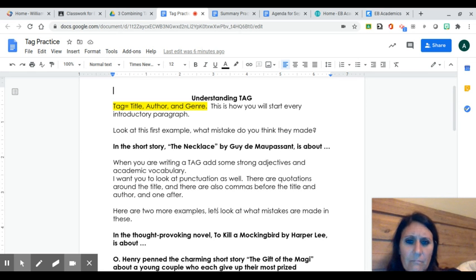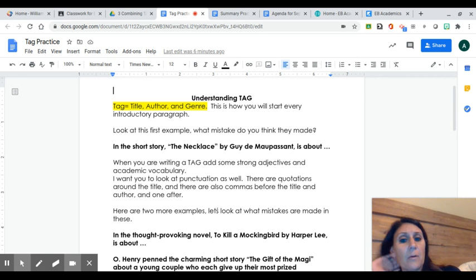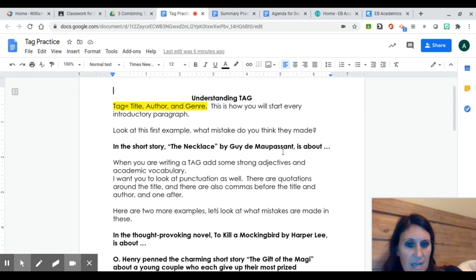So there are a couple of mistakes that I think are pretty common when students write tag. The first one is the mistake that they made in this first example. So let's look at this first example: In the short story, "The Necklace" by Guy de Maupassant is about. Now, I'm going to give you just a second of think time because I want you to look at this and think, what mistake is there?